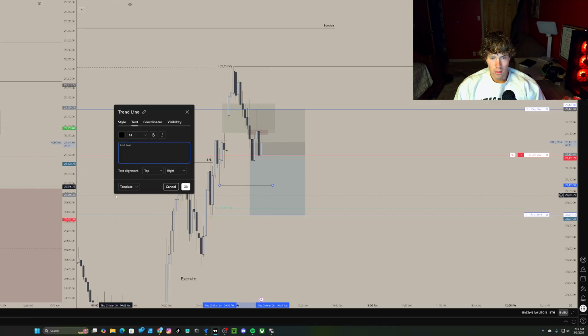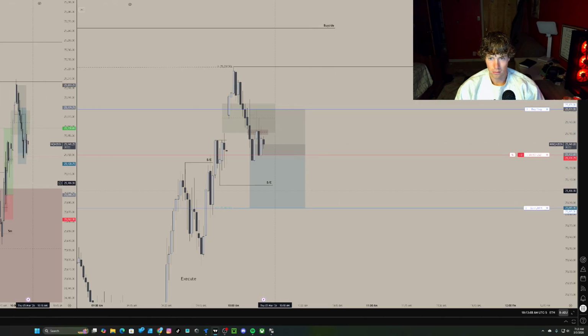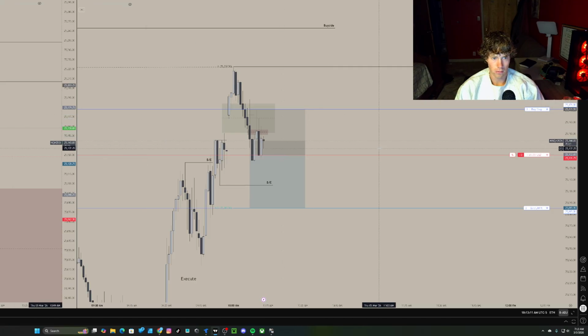Some of the weirdest price action lately. Just so weird compared to what it used to be. We just need to order block close to the downside, and we're not getting it.